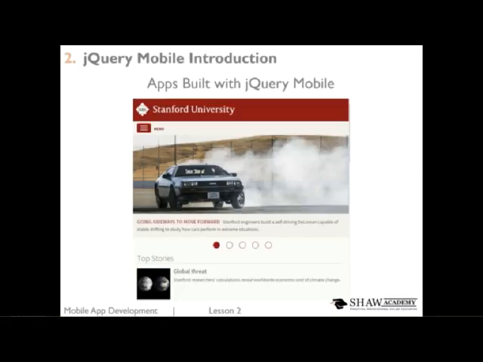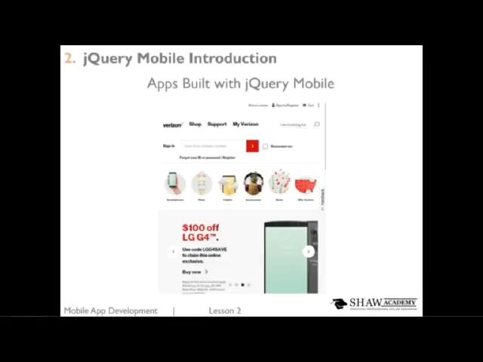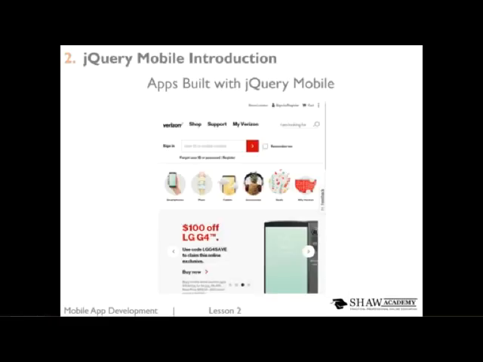And on the other side of things, you've got Verizon Wireless, and they also use jQuery Mobile. There's 2 examples. I don't need to give you any more than that, because Stanford and Verizon, enough said. If you want to know more about who uses jQuery Mobile, why not do a little search, have a look, and you will see for yourselves.